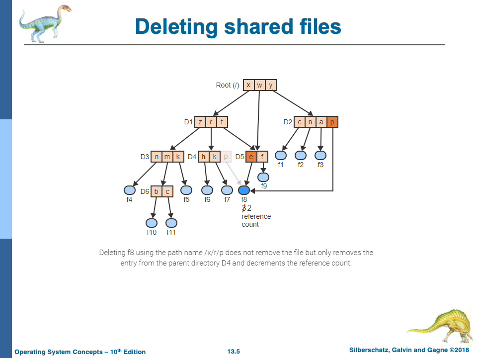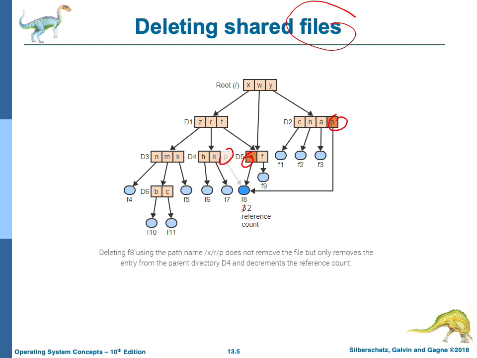And so in the acyclic graph directory structure, we have to redefine the meaning of the deletion of a shared file. Since we said that a file can be shared and pointed to by multiple parents, for example, here file F8 is pointed to by 3 different directories or parents.